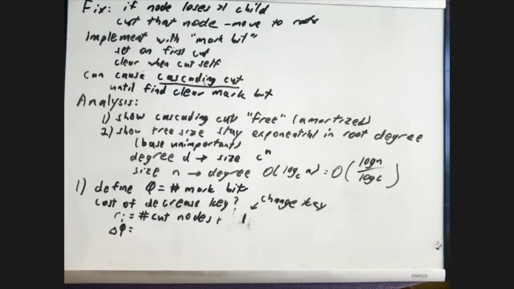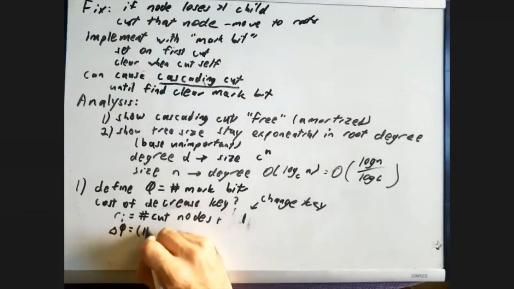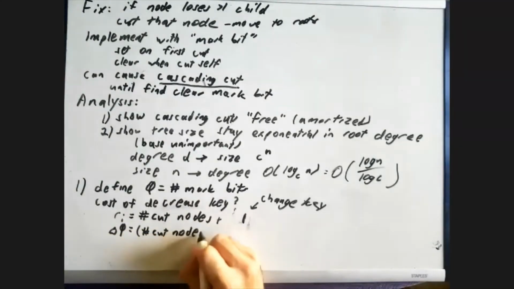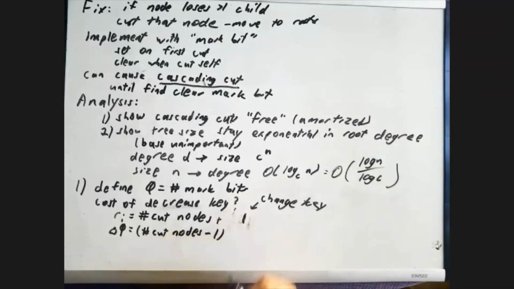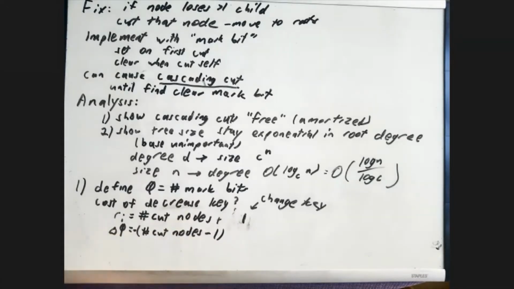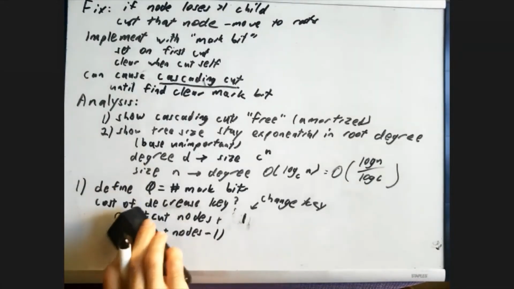But every other node that I cut is cut because it has a mark bit set, right? So all except for the first node that I cut is being cut because it has a set mark bit, and I clear that mark bit when I cut that node. So I get a decrease in phi of the number of cut nodes. Sorry, let me tidy that up a little bit.